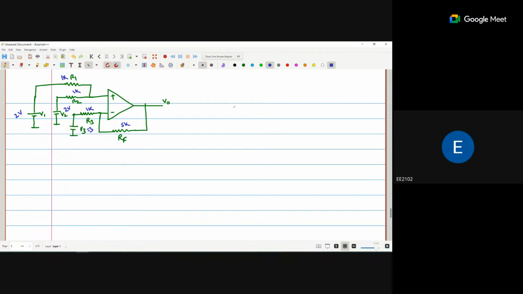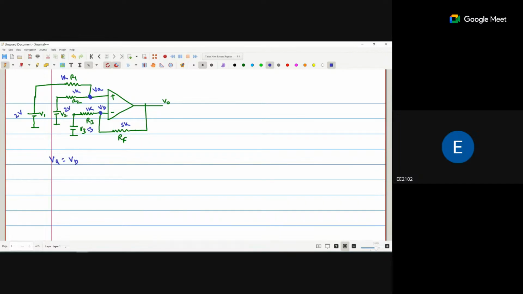Okay, so the feedback is negative feedback. So first of all, this voltage we have to find out. This is VA. This voltage is VB. Because of negative feedback, we can say VA is equal to VB. Now we calculate VA first of all.